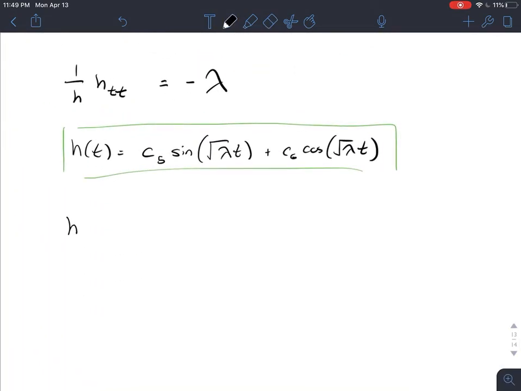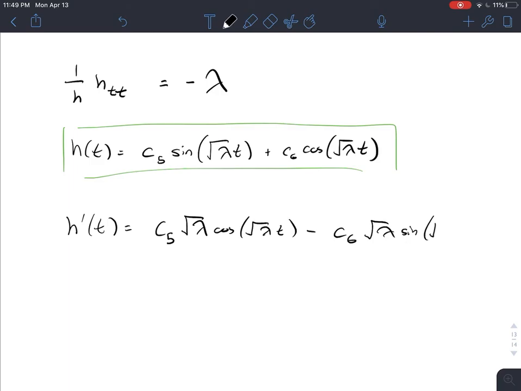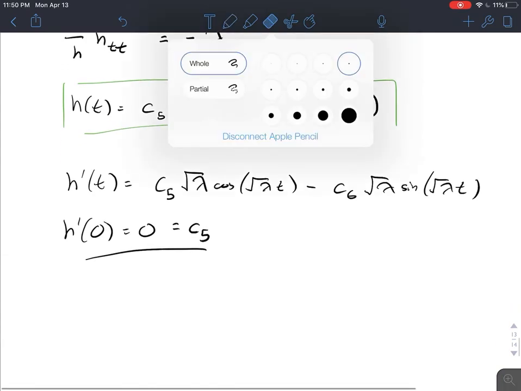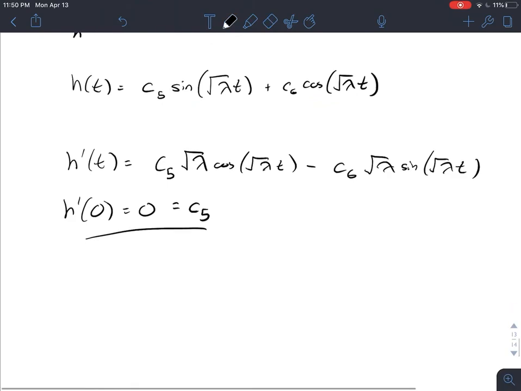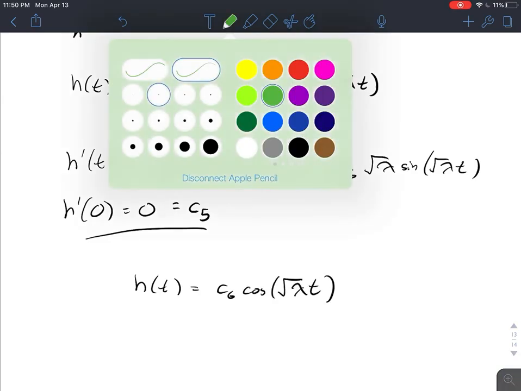In taking the derivative of this thing, h prime of t is equal to c5 square root lambda cosine minus c6 square root lambda sine square root lambda t, and then h prime of 0 is equal to 0, and this tells us that c5 is going to be equal to 0. So therefore, let's get rid of this green box right here before we confuse anybody. Therefore, since c5 is equal to 0, our time function is going to be c6 cosine square root lambda t.